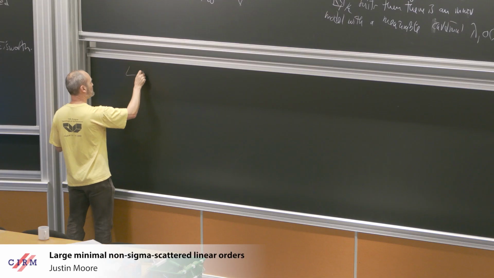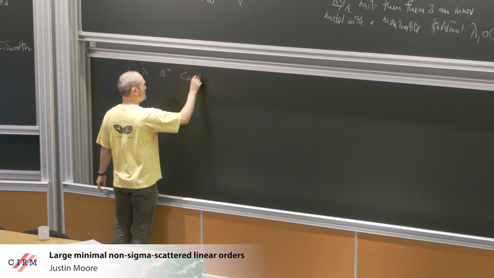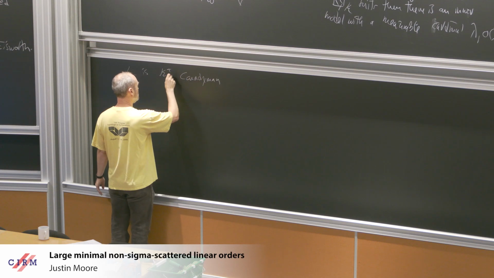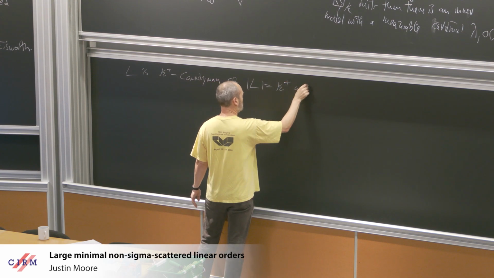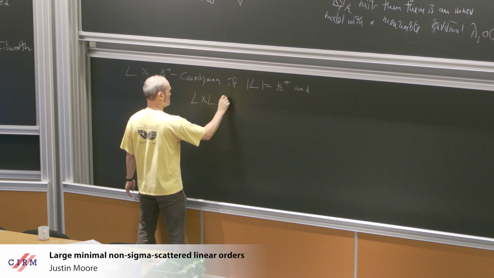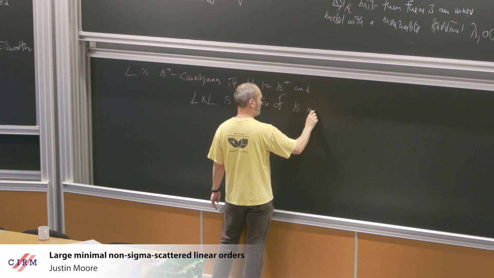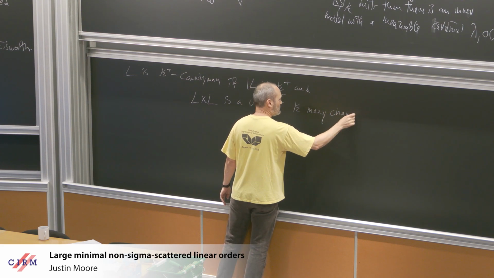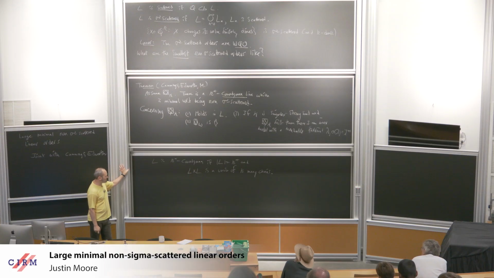So L is, say, kappa plus Countryman if its cardinality is kappa plus, and it's a union of exactly kappa chains.